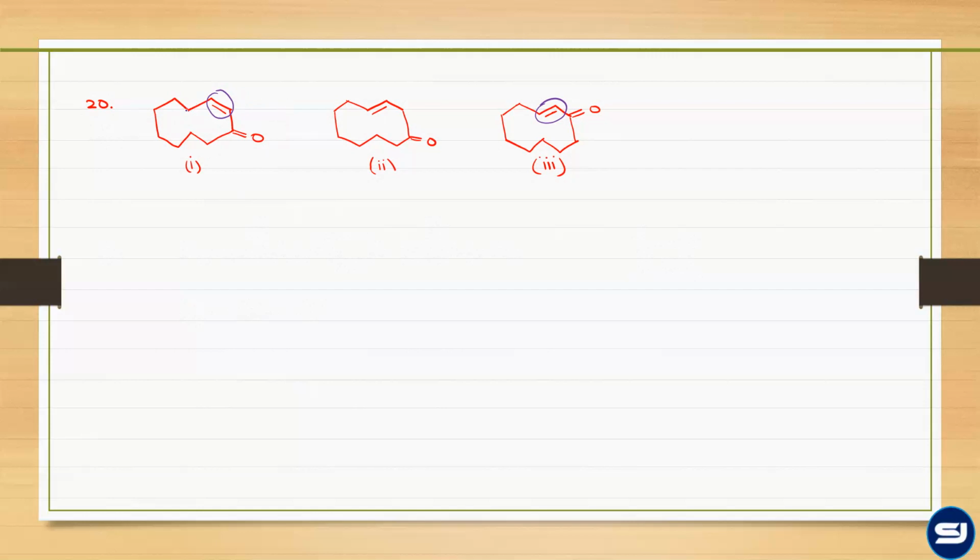See, if I just number the carbons here, starting from this 1 2 3 4, here between 1 2 it is single, here between 1 2 it is double. Okay? I'm not talking about the nomenclature, just giving you the reference that this particular arrangement of the double bond in the cyclic ring, and this is of like 1 2 3 4 5 6 7 8 9 10, is the structure of cyclodecene.